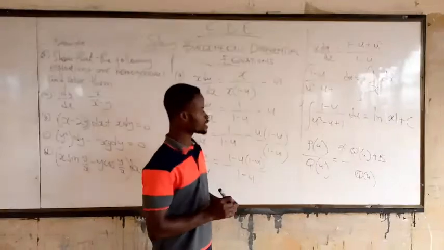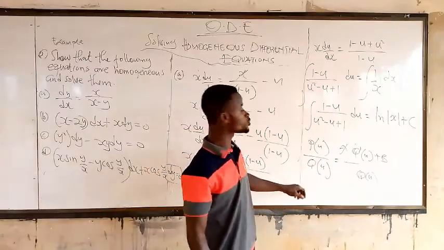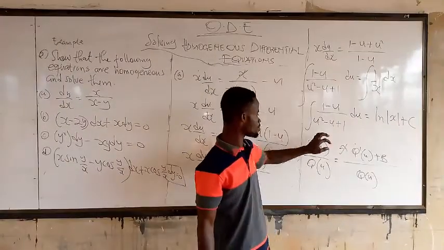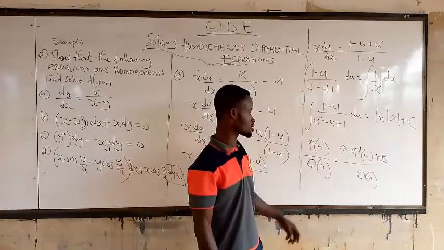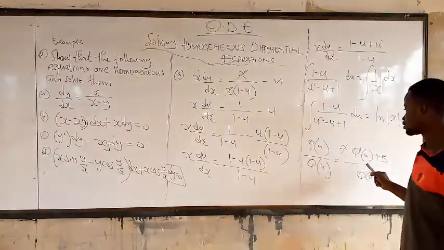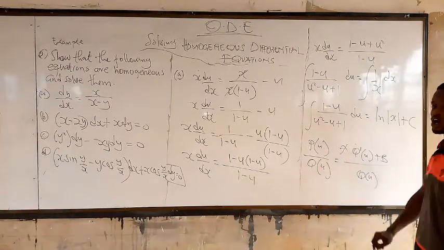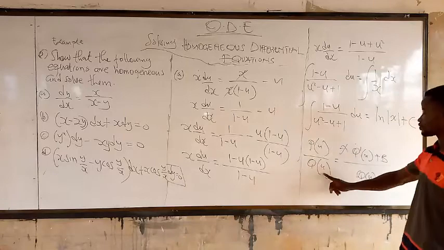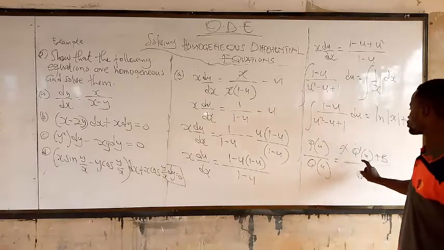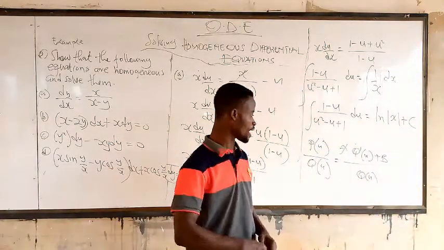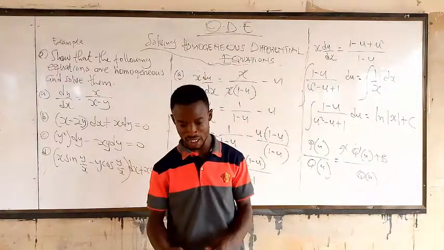So this means that we are going to replace the numerator and the denominator like this. All that we are going to do is differentiate Q, multiply it by A, add B, and compare coefficients.